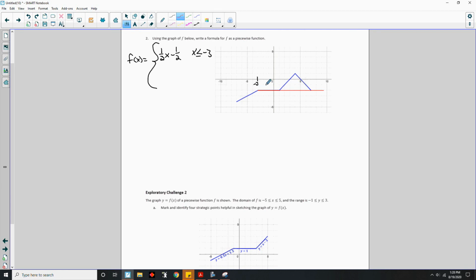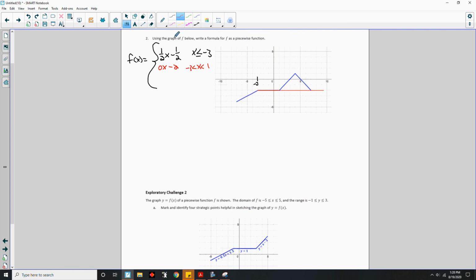This has a slope of 0, so it's 0x minus 2, for x values between negative 3 and 1.